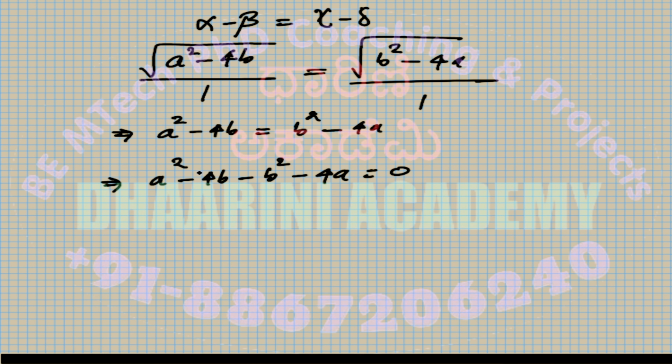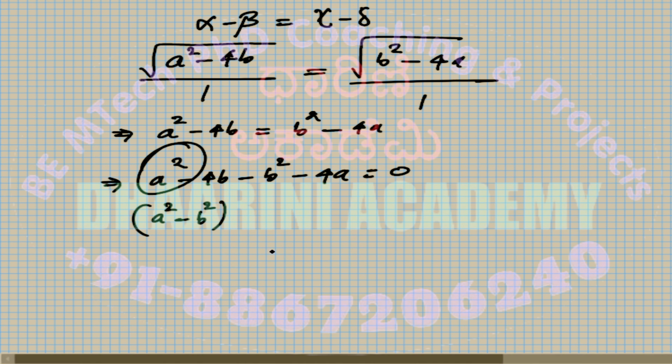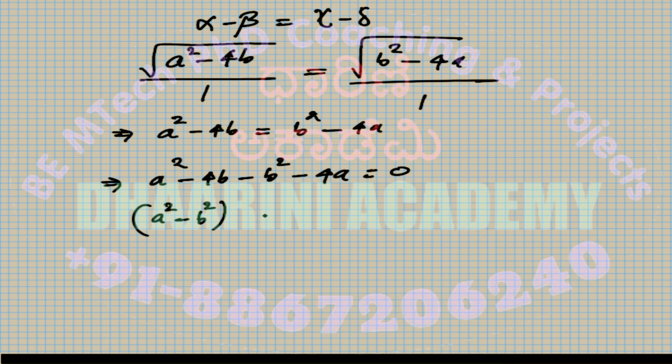Okay, so let's try to simplify this. I can write this as a square minus b square as one term, and I'll write the other term as minus 4 times (a plus b). Sorry, minus 4a becomes plus 4a here.